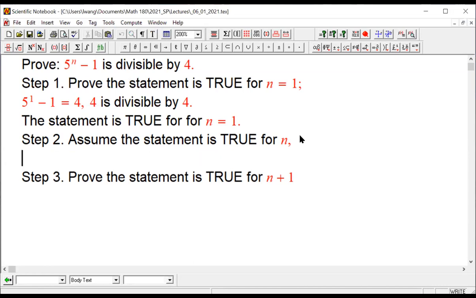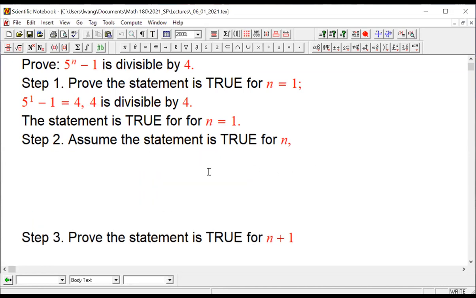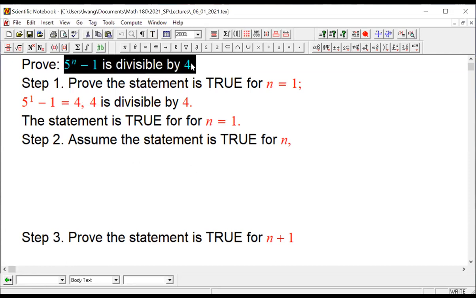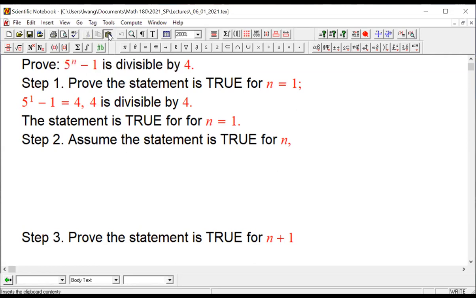Assume that the statement is true for n. What does that mean? Meaning that 5 to the power n minus 1 is divisible by 4. If we apply the definition of divisibility, what do we get? This is preparing us for the next step. We know what the next step is about, right? That is 5 to the power of n minus 1.